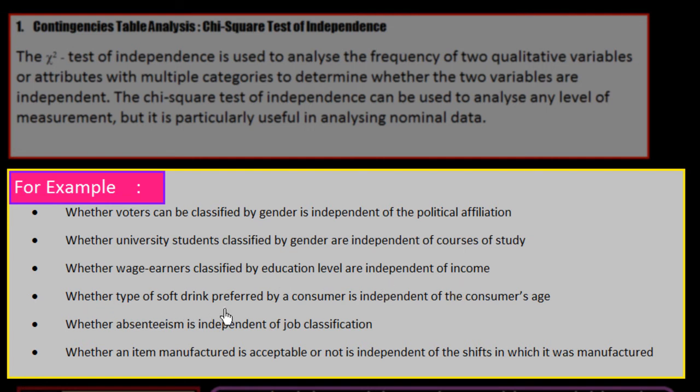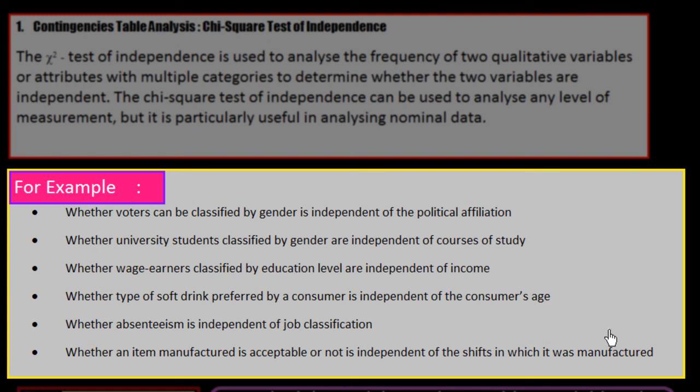Whether the type of soft drink preferred by a consumer is independent of the consumer's age. Whether absenteeism is independent of job classification. Whether an item manufactured is acceptable or not is independent of the shift in which it was manufactured. So for all this we have to study.